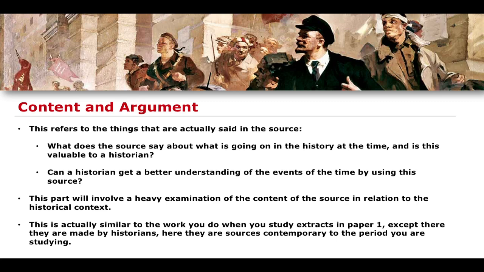Are they convincing? It's similar in the sense that you're taking arguments and matching them against what you know to exist in the history, except rather than doing this for a historian, you are doing this for a piece of contemporary source material. So, like I said, a speech by Vladimir Lenin.